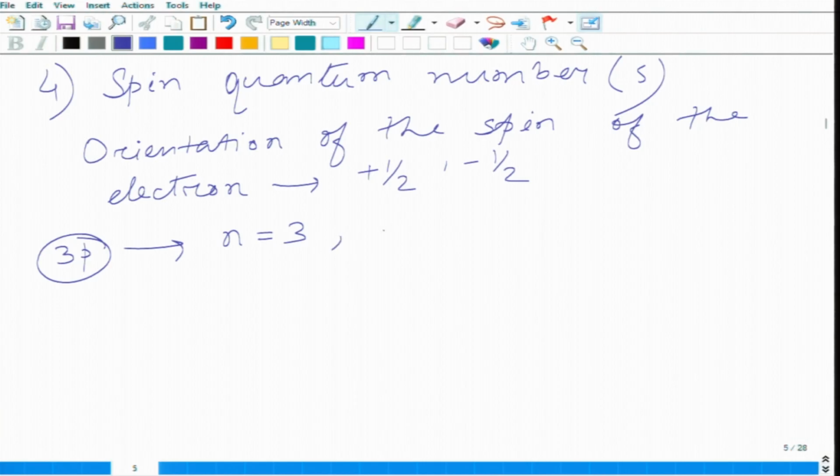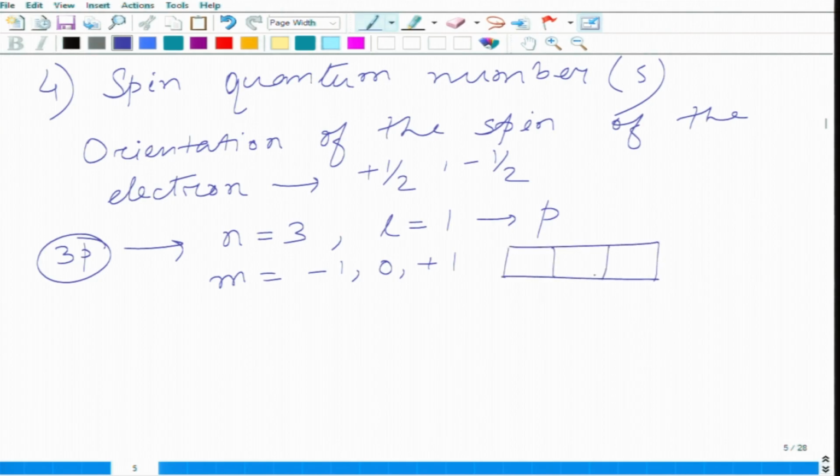Now, azimuthal quantum number L equal to 1 for p. So, the m will be minus 1, 0 and plus 1, and we draw the p orbitals like this, minus 1, 0 and plus 1.